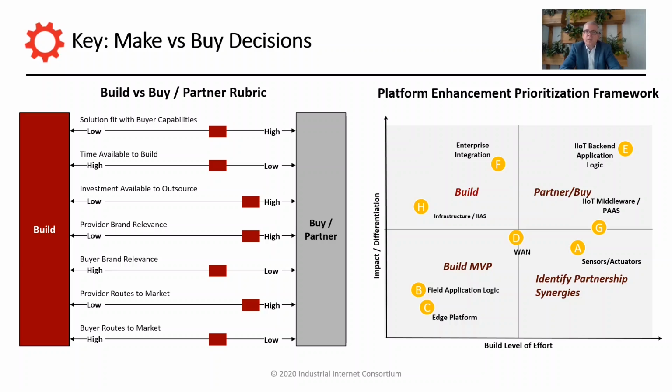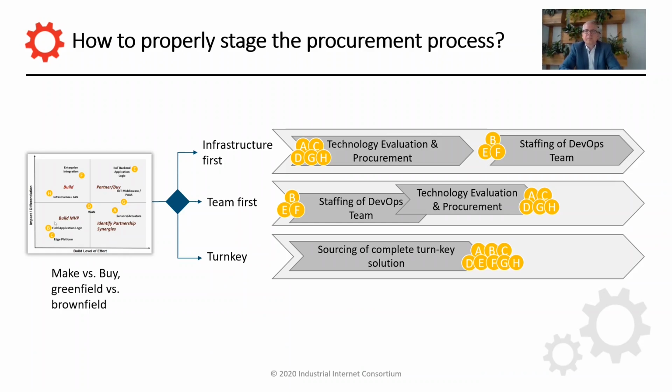In areas where the build effort is more moderate, you then basically look at doing this with your internal resources. So this is just one example. Most likely this quadrant will look differently for your own project. But that's a key analysis that you have to perform for your own project.